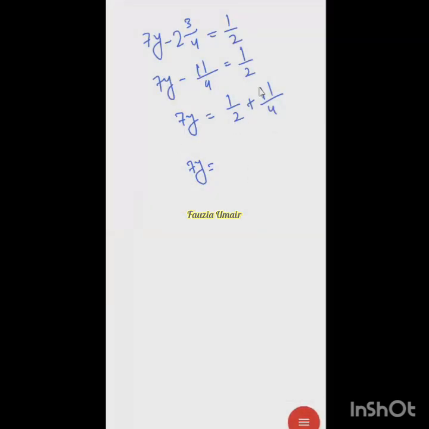So this is 1 by 2, this is 11 by 4. So we will multiply this with 2 so that the denominators are same. So this will become 2 by 4 plus 11 by 4, right? So 7y is equal to 11 plus 2 is 13, 13 by 4, right? So now what to do?